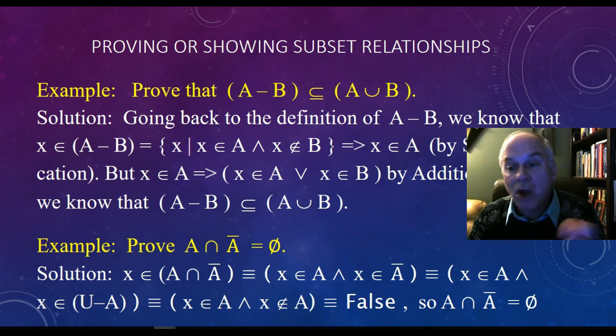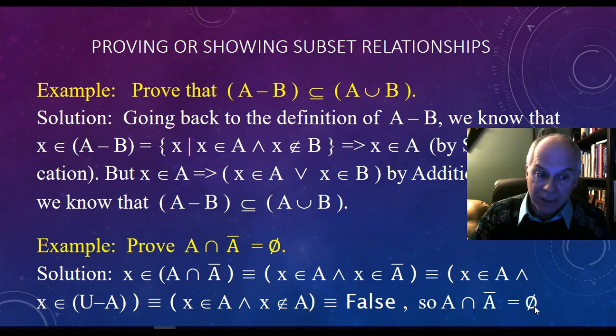So in other words, there's no elements that are both in A and not in A. So therefore, A intersect the complement of A really means the empty set.